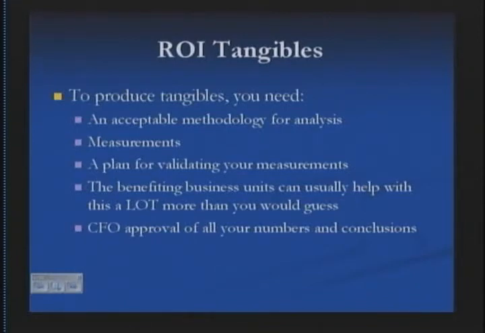Now, when we're talking about tangible benefits, we need an accepted methodology for analysis. We need measurements. We need a plan for validating your measurements. The benefiting business units can usually help with this a great deal. And if you haven't had a lot of experience in involving the business units in this, they can help probably more than you would expect them to be able to help. And that kind of makes sense.